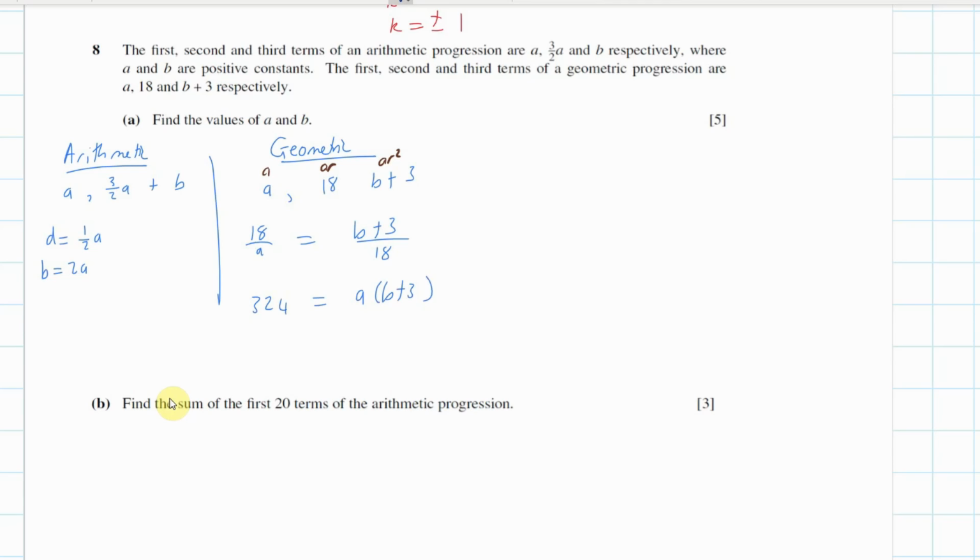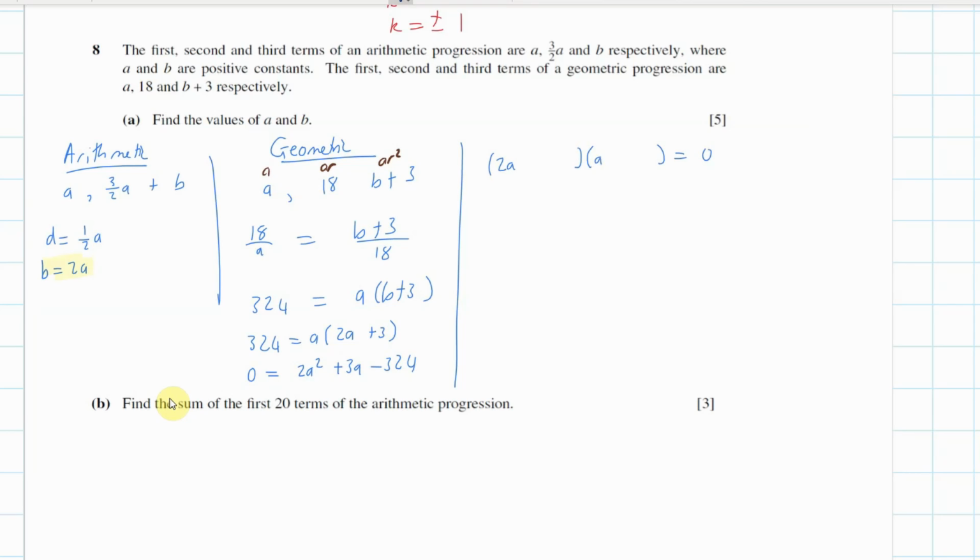Now at this point we can substitute in what we know b to be so that we can solve for a. So we get 324 equals a into 2a plus 3, and this gives us, when we expand, 2a squared plus 3a minus 324 equals 0. At this point we can now factorize like so.